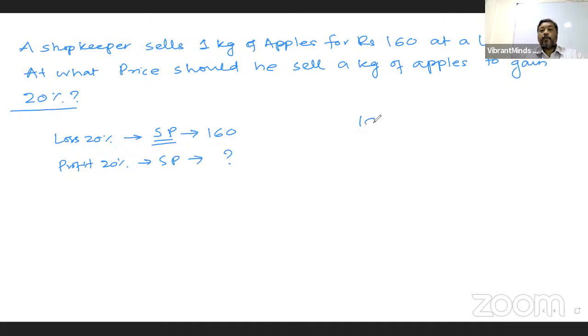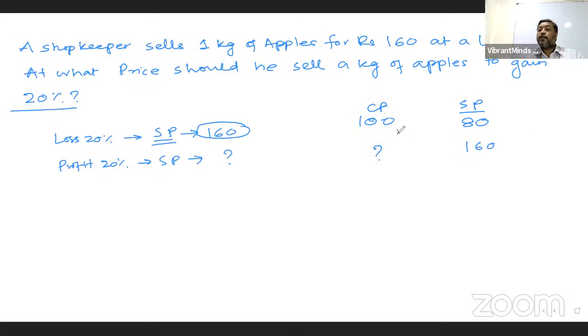Now understand like this. Suppose for 100, you have your cost price and you are selling it at a loss of 20%. So your selling price will be 80. But understand, the selling price in actuality is 160.